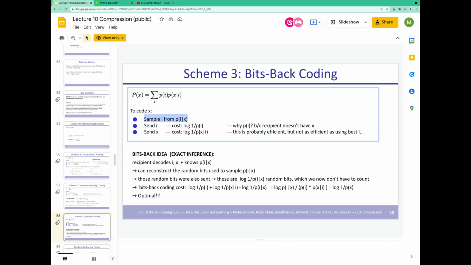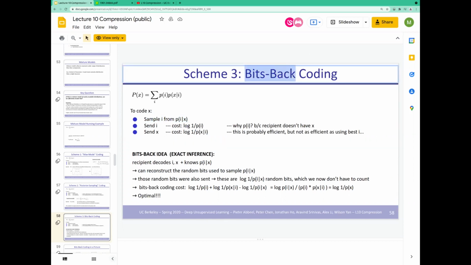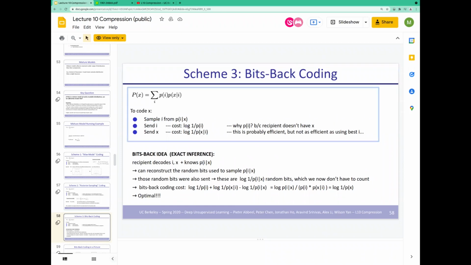And so that's the idea that you are getting the bits back, because the sampling itself can be done with information. So instead of using randomness, you use some information. When you sample with that information, the decoder can reconstruct the random bits used to sample and figure out, okay, that's how you sampled it.